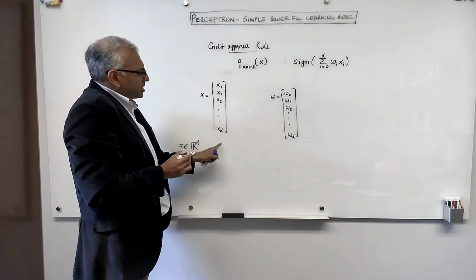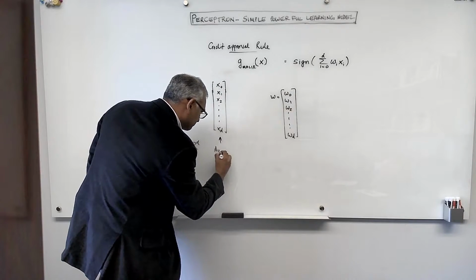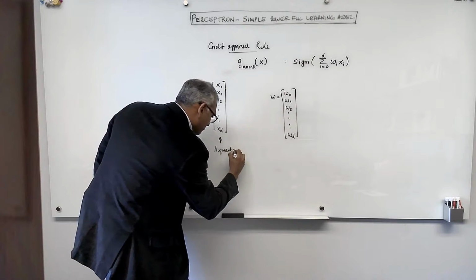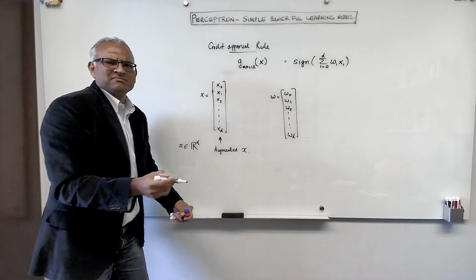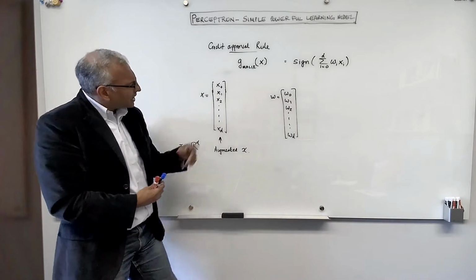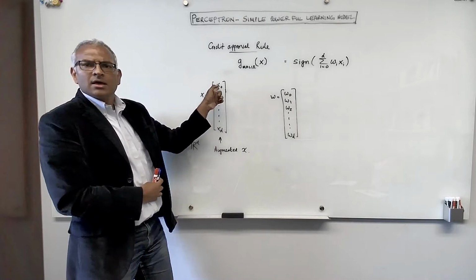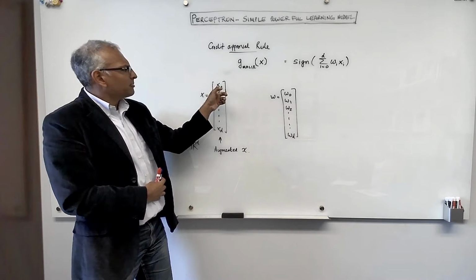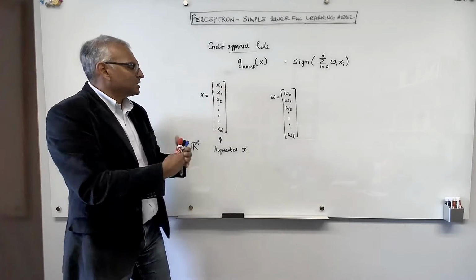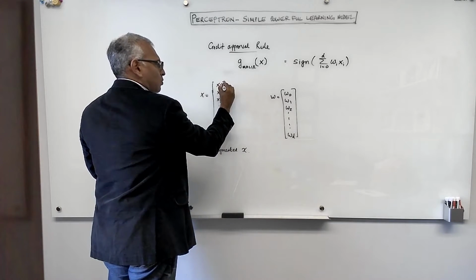We're going to call this the augmented x. There's no harm done here. Whenever you collect the features of the applicant, just put in a 0th component at the top, which we're calling x0, and set it to 1. So it's always equal to 1.